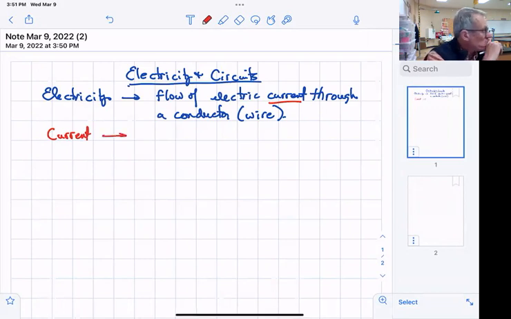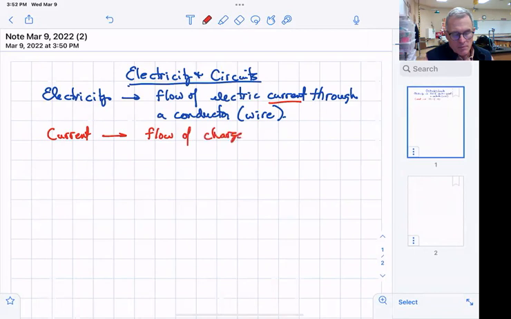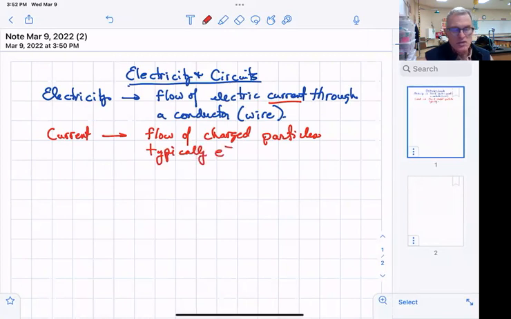is the flow of charged particles, typically electrons, in some kind of conductor.